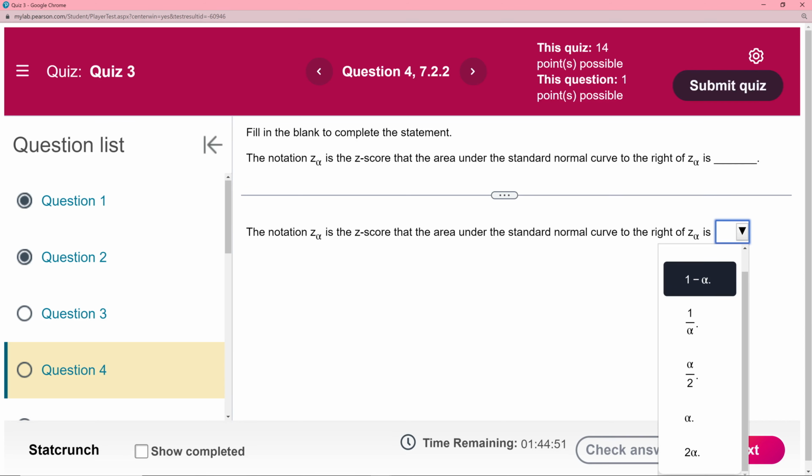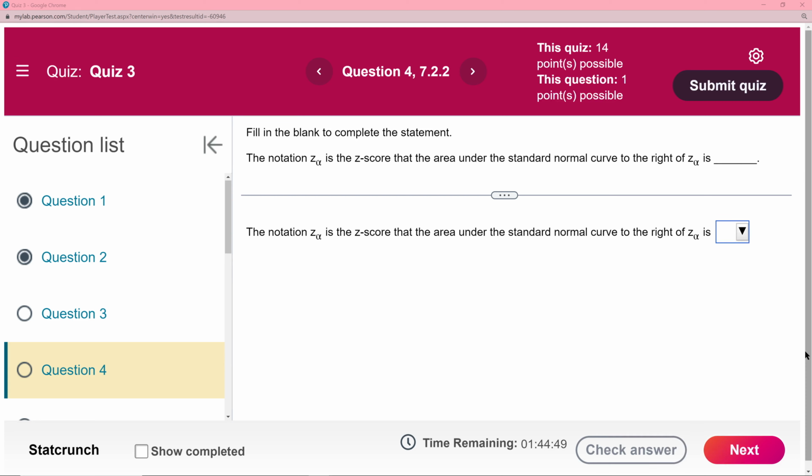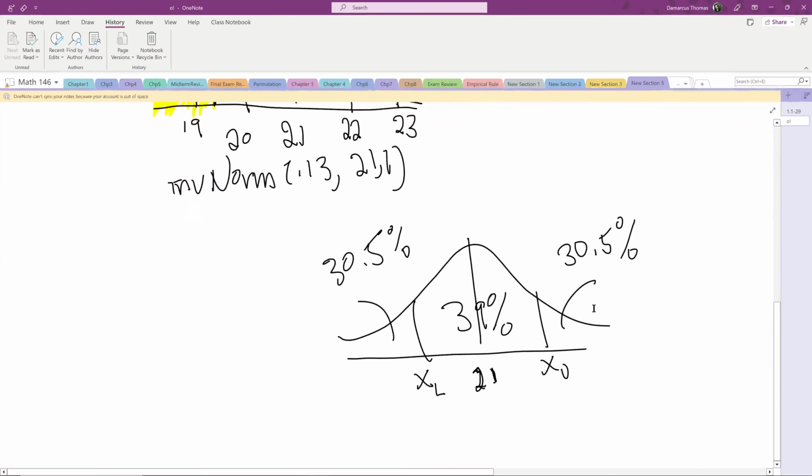And in fact, based on the problem that we just did, that was pretty helpful in understanding this other one.